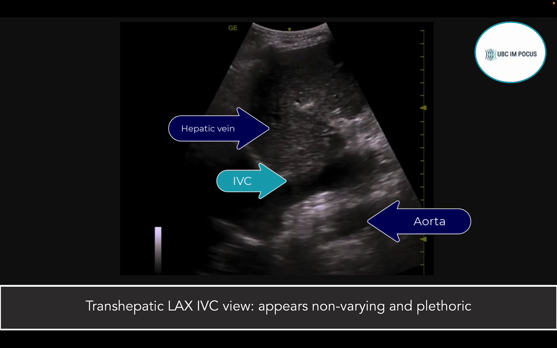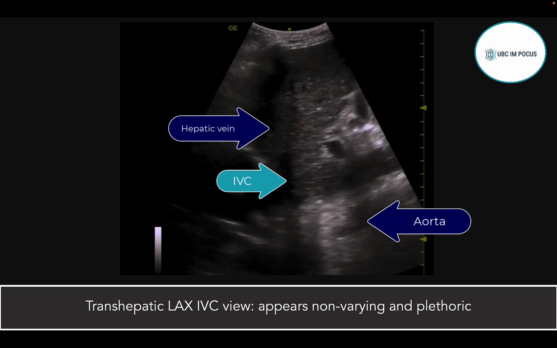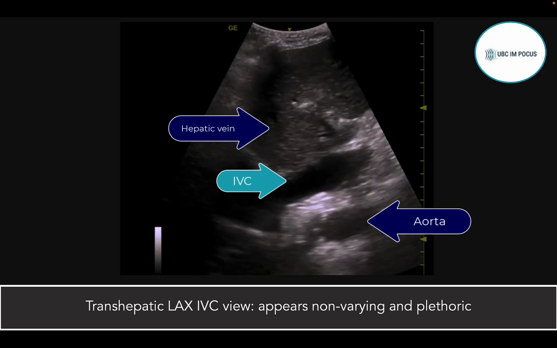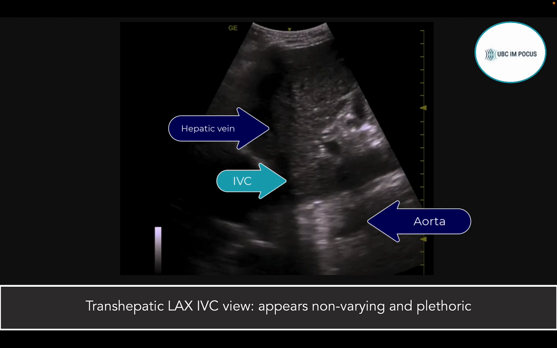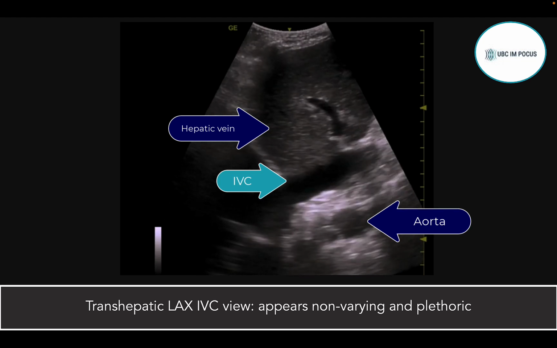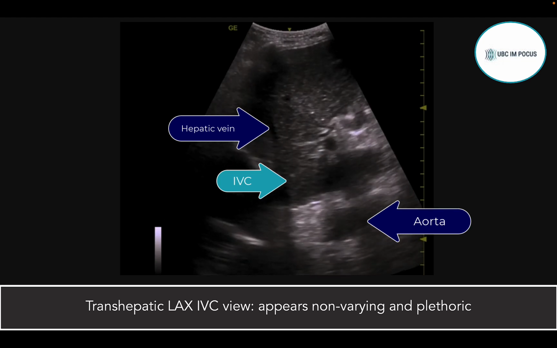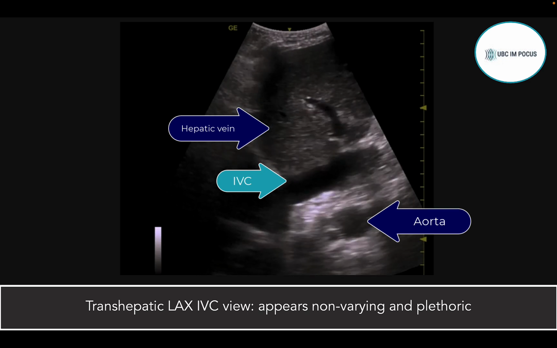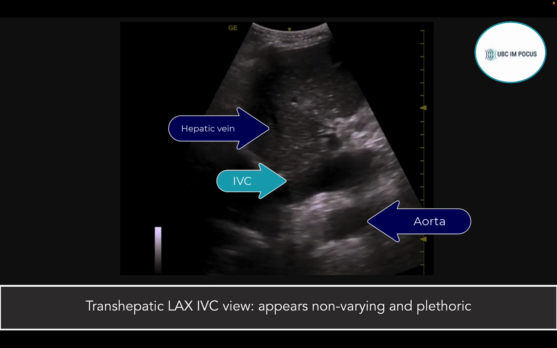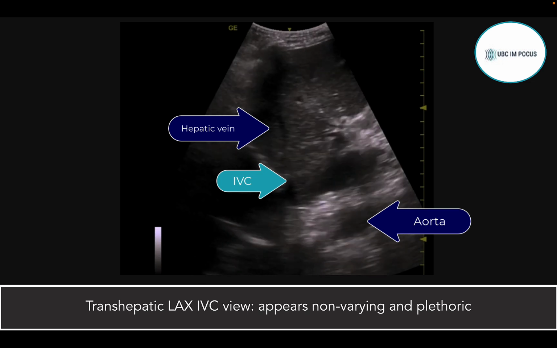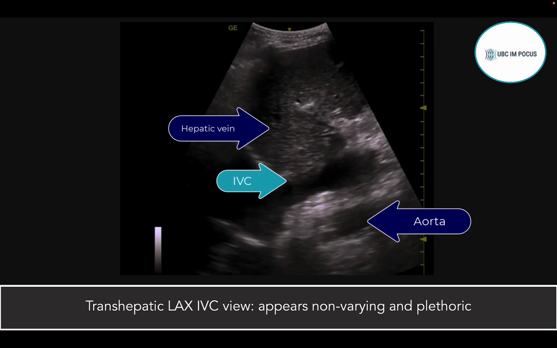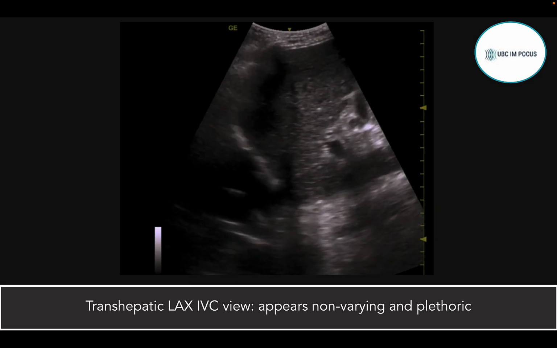A reminder that if we're looking in this view, we also want to try to look in short axis in this transhepatic view as well, because most IVCs are taller than they are wide. So if we're only looking in a lateral view like this, we may falsely overestimate the size of the IVC. So important, as always, to look in a couple views.